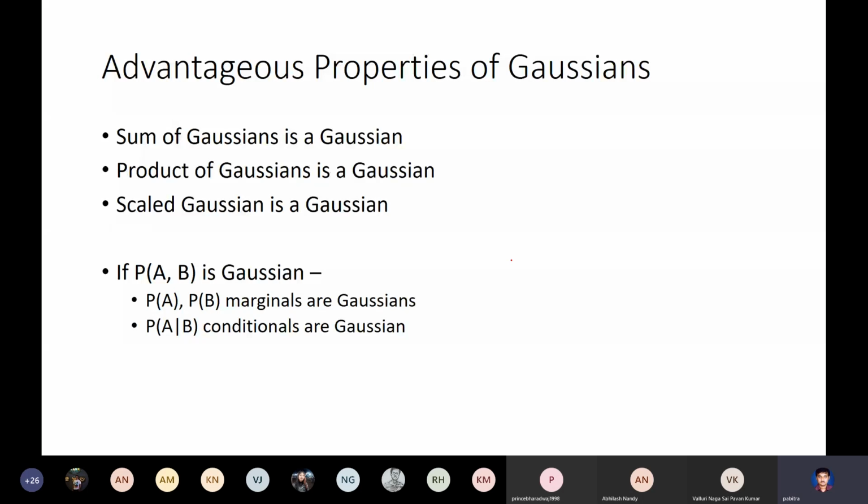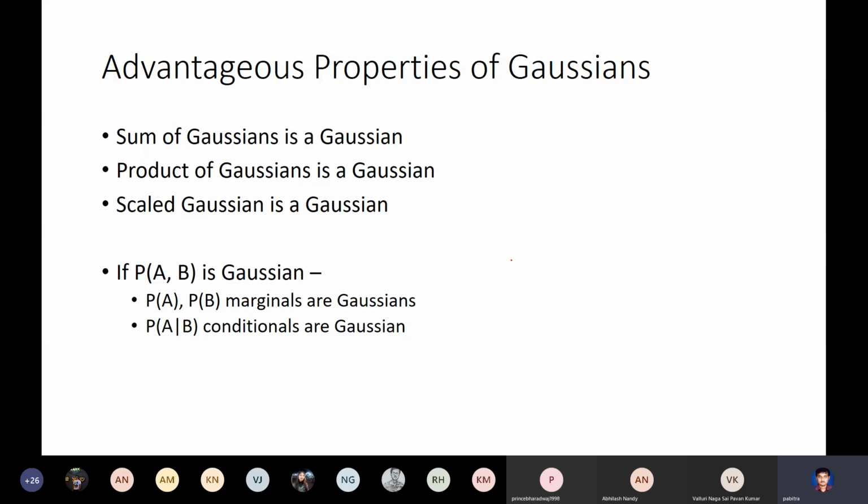This is basically the conjugacy we talked about so much. This is important because in the Bayes rule, we multiply the likelihood with the prior. Scaling or normalization of a Gaussian is a Gaussian. Again in the Bayes rule, the denominator has a normalizing factor, so that is also a Gaussian.